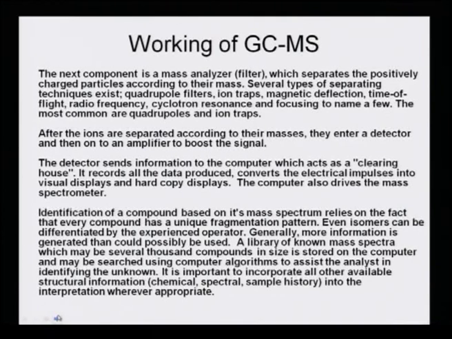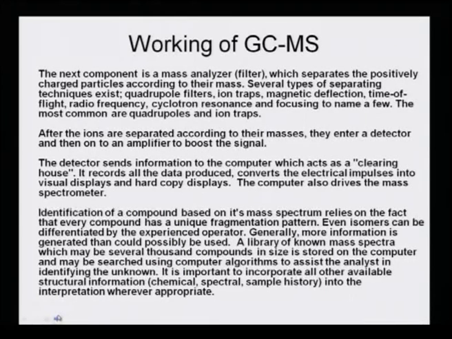So, if we look at a common GCMS machine, it would either have a quadrupole as a mass analyzer, or it will have an ion trap. After the ions are separated according to their masses, they enter a detector and then go on to an amplifier to boost the signal.